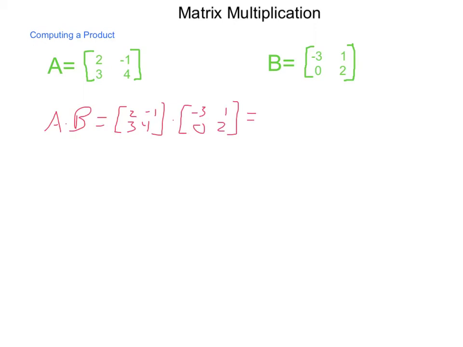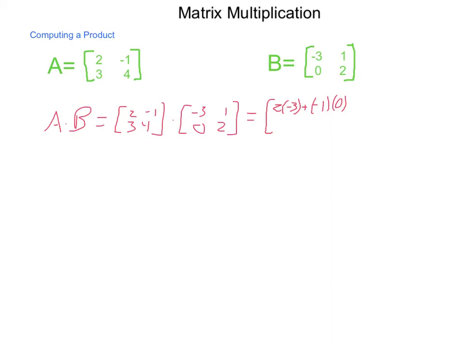And my result is going to be a 2 by 2 matrix, but I'm going to leave lots of room for that. So I'm going to take row 1 and multiply it by column 1. So I have 2 times negative 3 plus negative 1 times 0. That's my row 1, column 1.